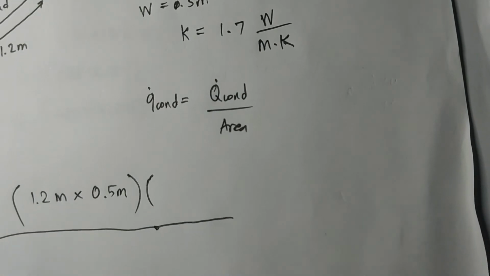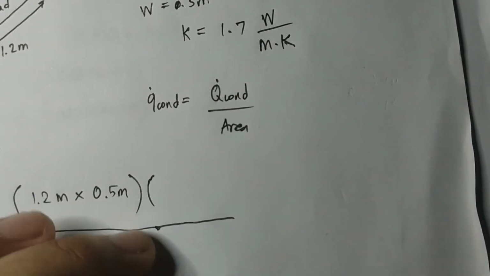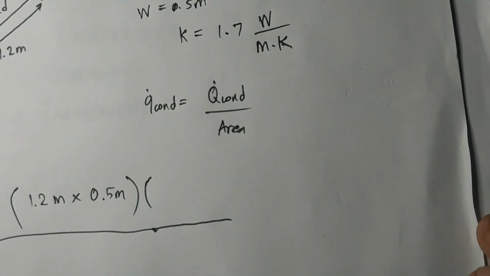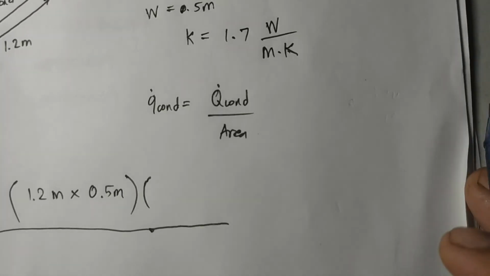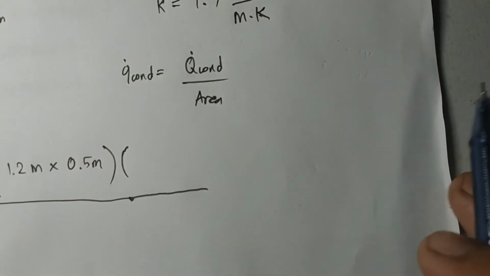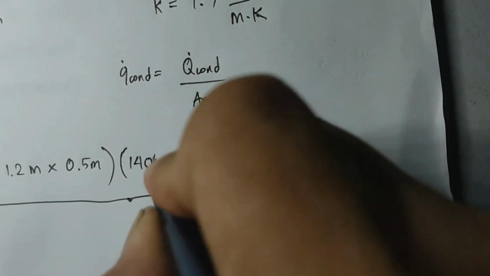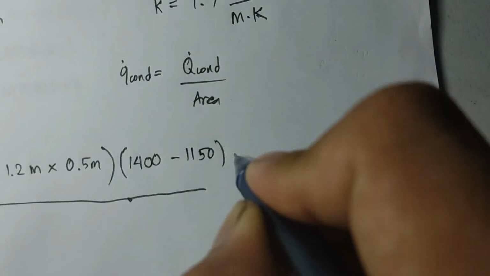Pwede rin naman nating ilagay sa unahan yung mas mababa pero dapat naka-absolute value siya upang maging positive ang iyong value or sign convention ng iyong heat na nag-transfer. So, 1,400 minus 1,150 K.